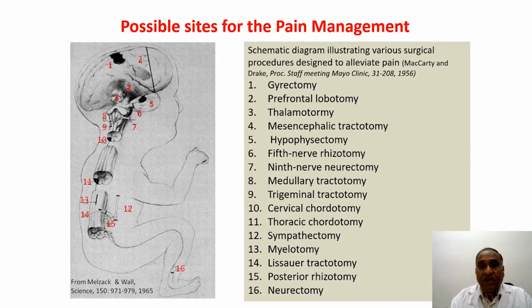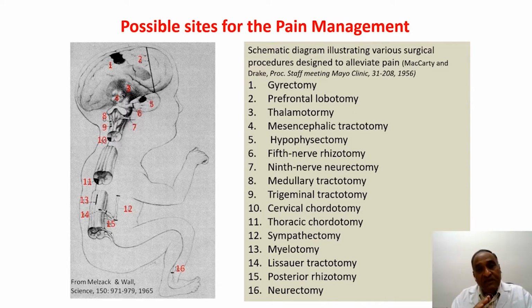The point number 1 is the gyrectomy. The postparietal gyrus is ablated. That is the sensory cortex S1. Then separate the prefrontal lobe from the rest of the brain, the prefrontal lobotomy, to relieve the pain.